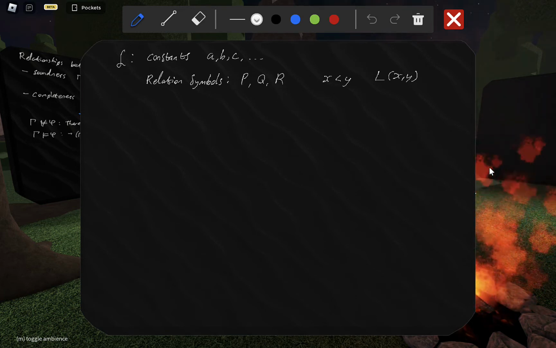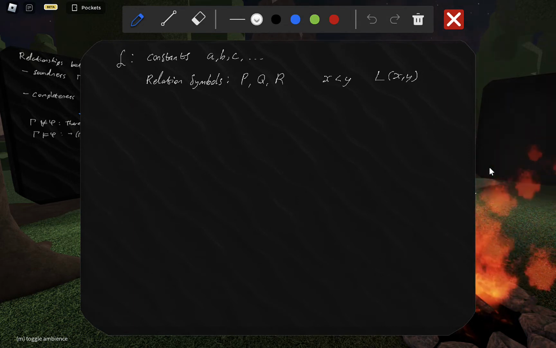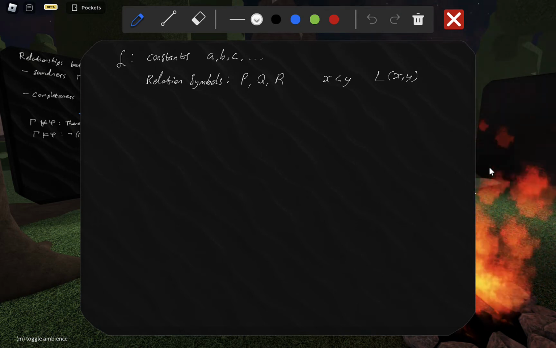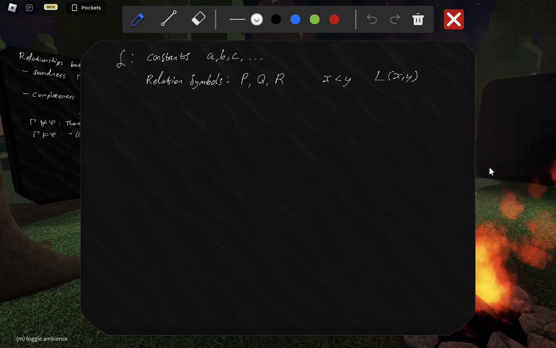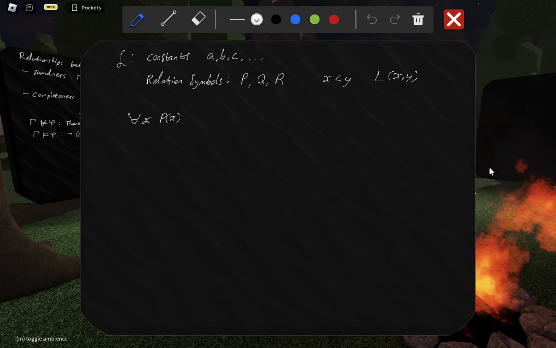But in second order logic, you allow quantification over these things. So obviously, in first order logic, we have things like for all x, P of x, and that's quantifying over the objects in the domain of the model.